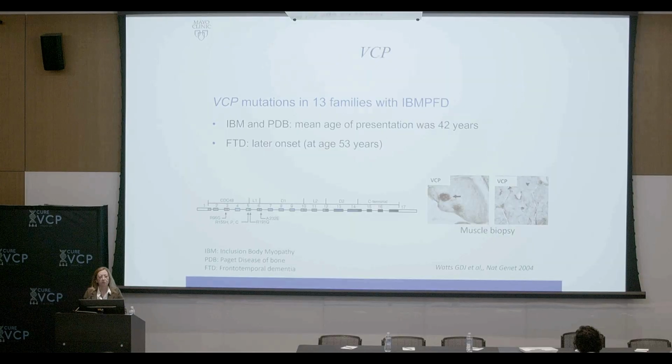The first VCP mutations were detected in 13 families with this disorder, whose affected family members manifested with inclusion body myopathy and Paget disease of bone in the early 40s, while frontotemporal dementia followed about a decade later. These patients shared a common pathological feature on muscle biopsy, which was the presence of small and large aggregates containing VCP.